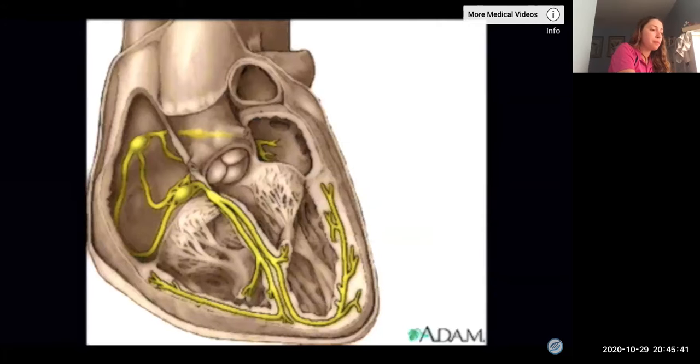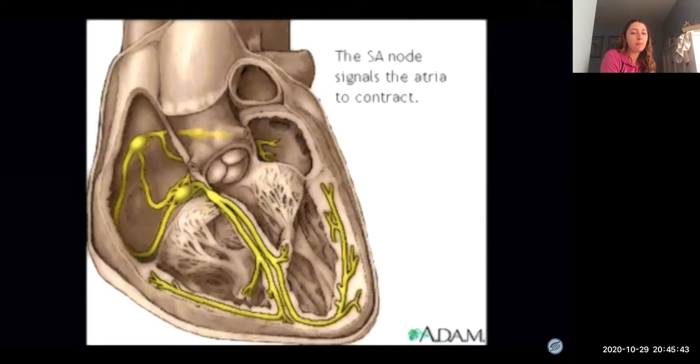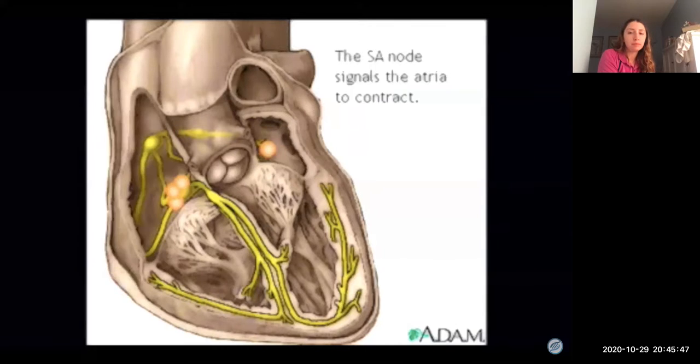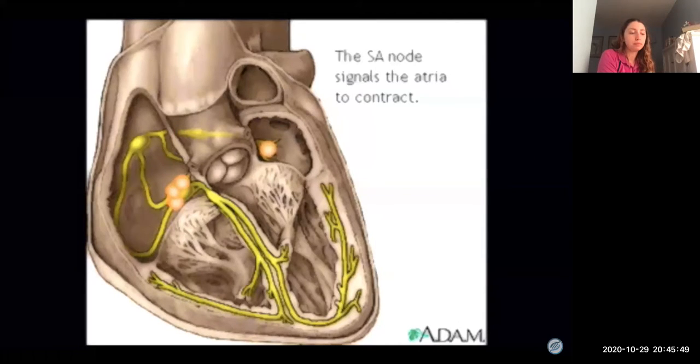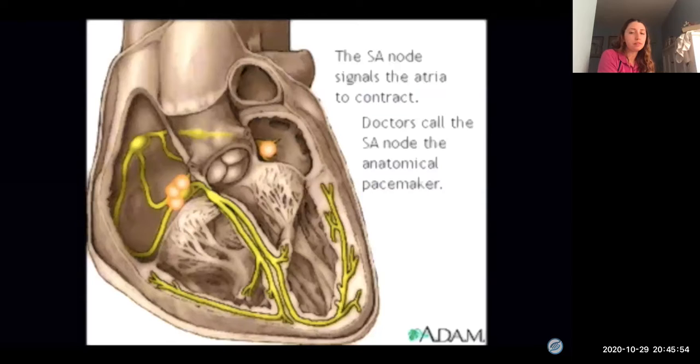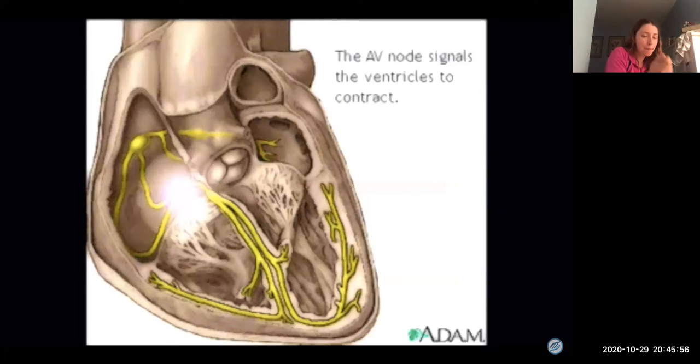Let's follow a signal through the contraction process. The SA node starts the sequence by causing the atrial muscles to contract. Doctors sometimes call it the anatomical pacemaker. From there, the signal travels to the AV node, through the bundle of His, down the bundle branches, and through the Purkinje fibers, causing the ventricles to contract.